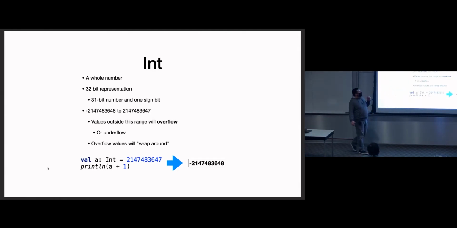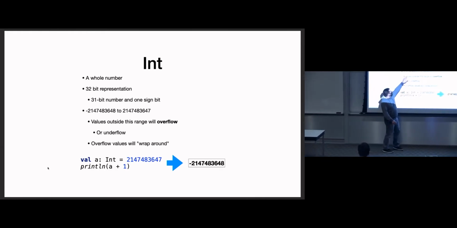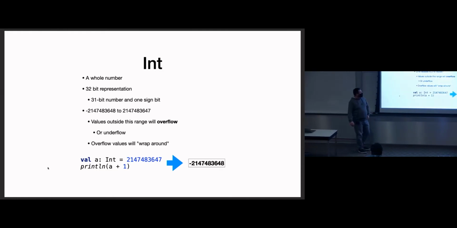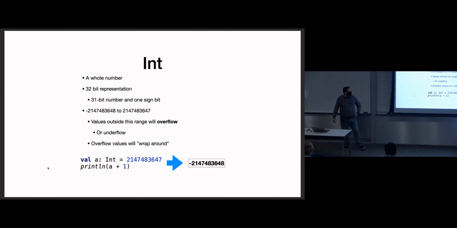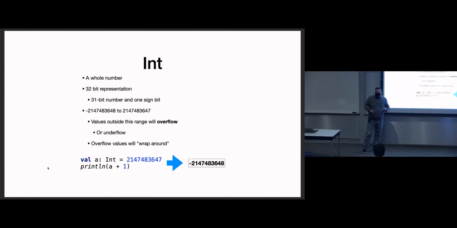If you go outside of that range, the value will either underflow or overflow based on which edge you go over. If you go under -2.14 billion or above 2.14 billion, you either underflow or overflow, which means the number will effectively wrap around to the other side of this range.